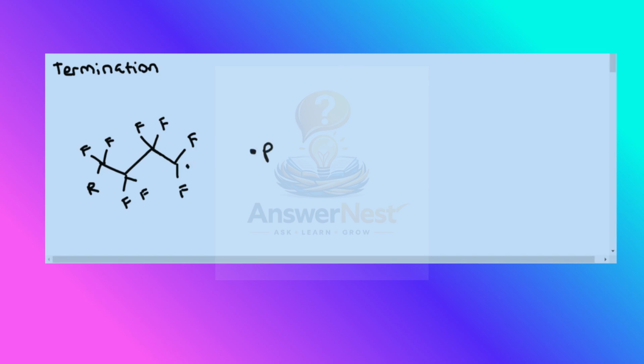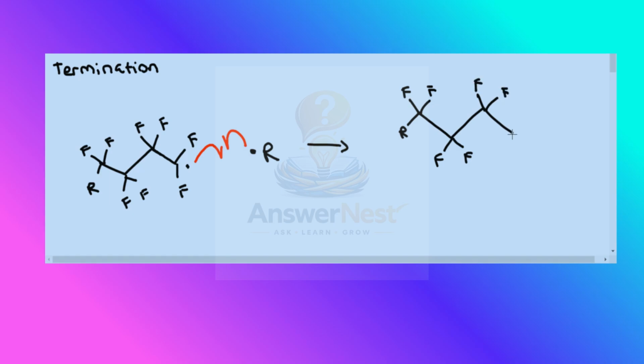So the radical that we started off with in our initiation step is going to form a bond with the radical from our propagation step. So when we do that, we're left with our Teflon polymer, which is now stable since we don't have those radicals attached to them anymore. So that is our mechanism for Teflon formation.